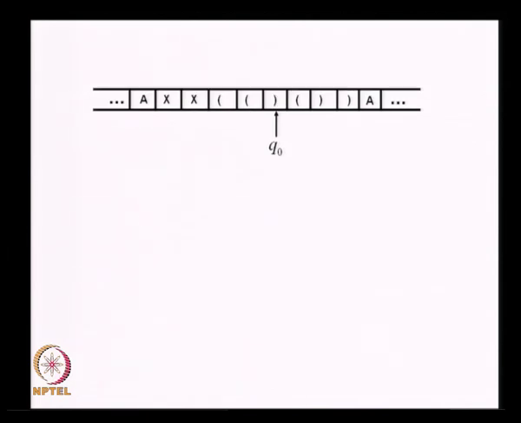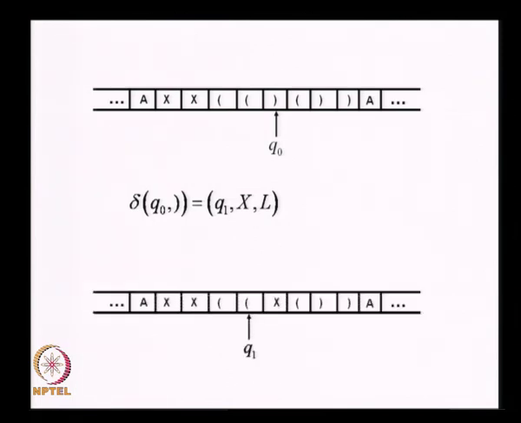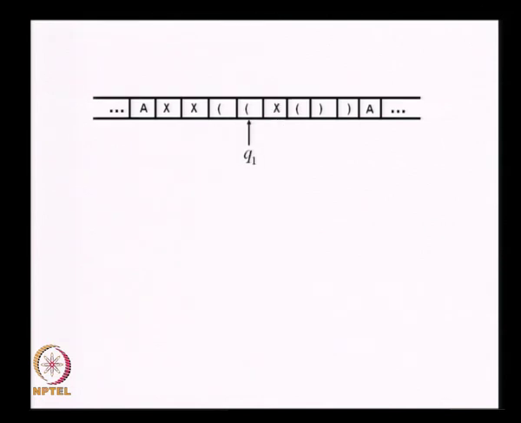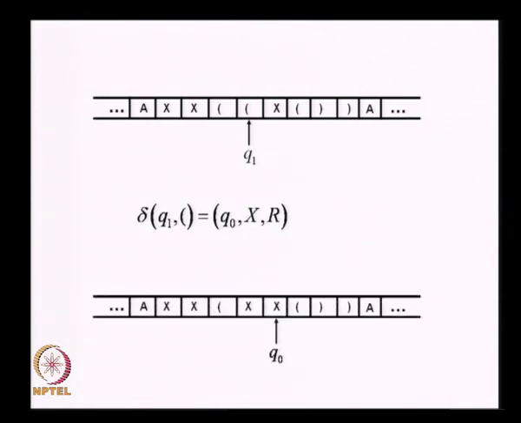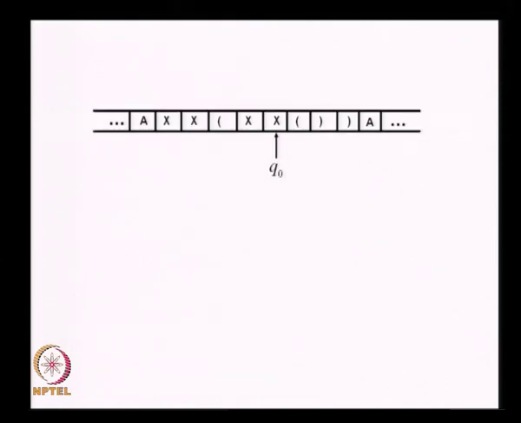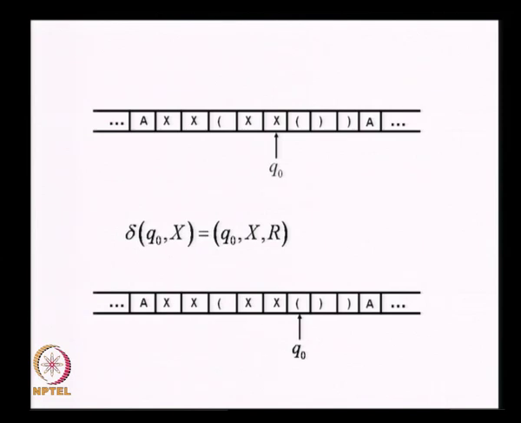From this ID it changes the right parenthesis into x and starts moving left. The mapping used is this, and it moves left in state q1. Now, in state q1 it sees a left parenthesis, and using this mapping it changes that into a x and starts moving right, till it sees the next right parenthesis.